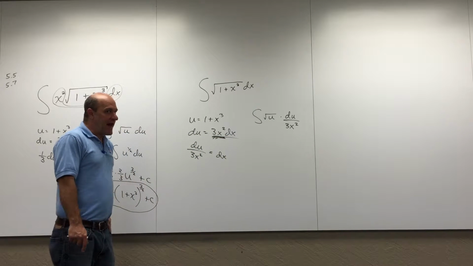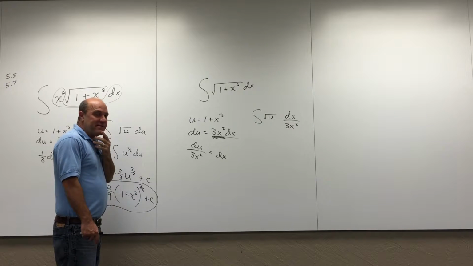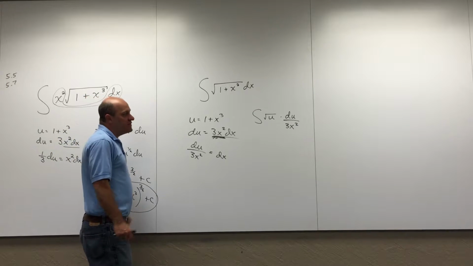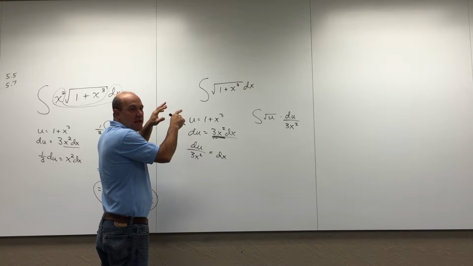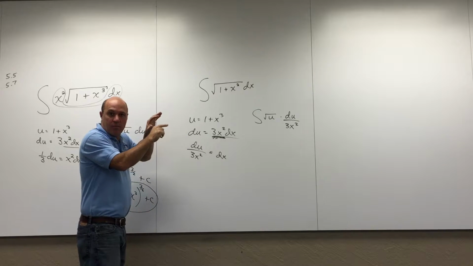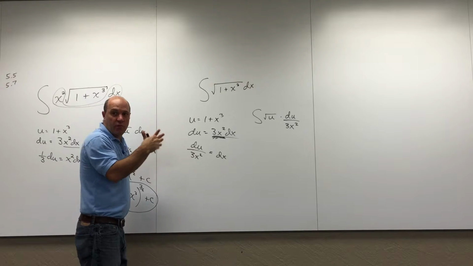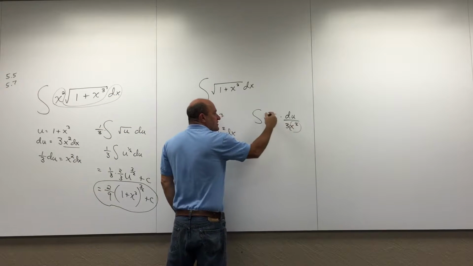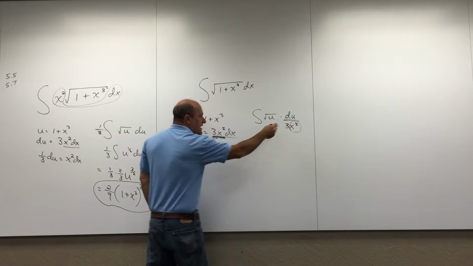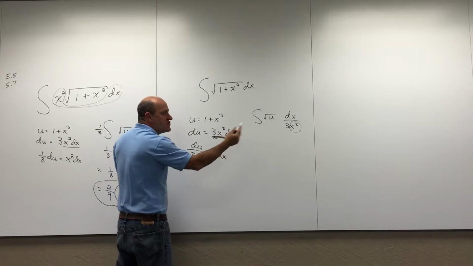Well, maybe you could. Watch this. Again, I think I made up a terrible problem here. I think I made up a problem you can't do. But if you're trying to do it, I want to show you what you would do. You would say, oh no, I got x's mixed with u's. I got to get rid of those x's. Can I? Maybe I can solve for x.